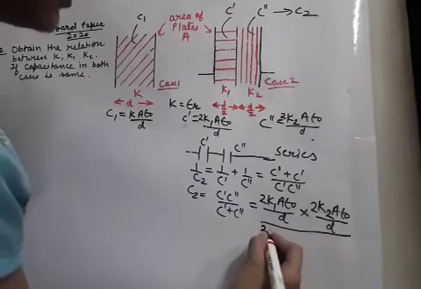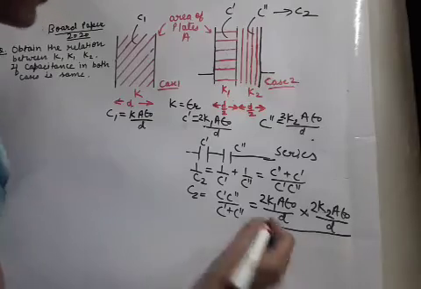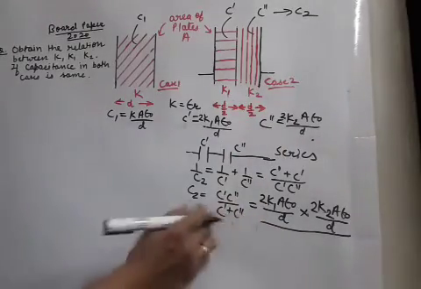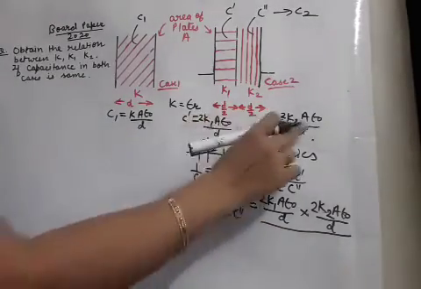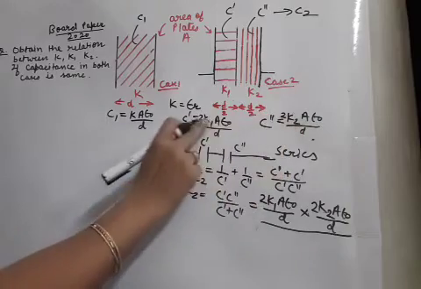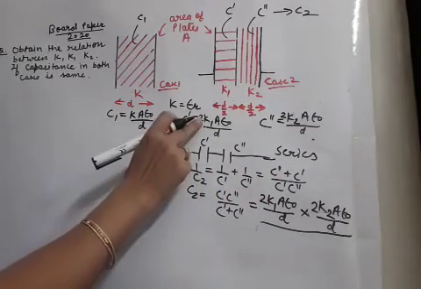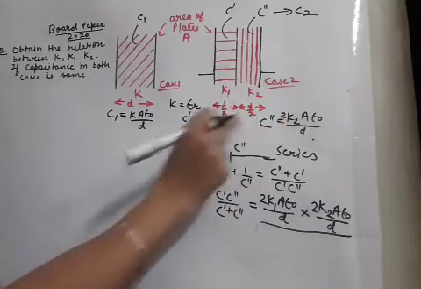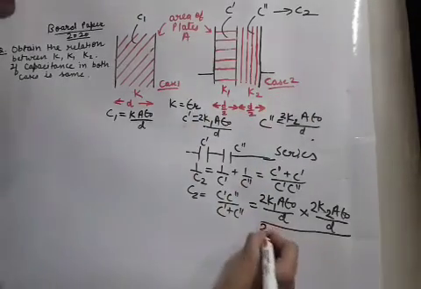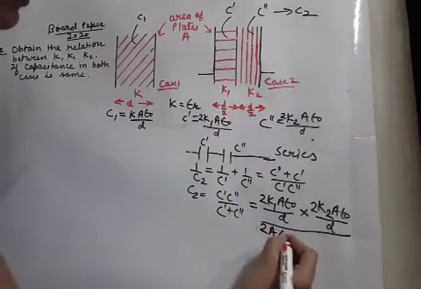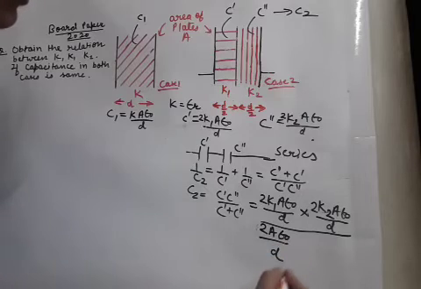Let us take the common terms because we have to simply add them. What is common in C dash and C double dash? 2 is common, A is common, epsilon 0 and D. So 2 A epsilon 0 upon D is taken common.